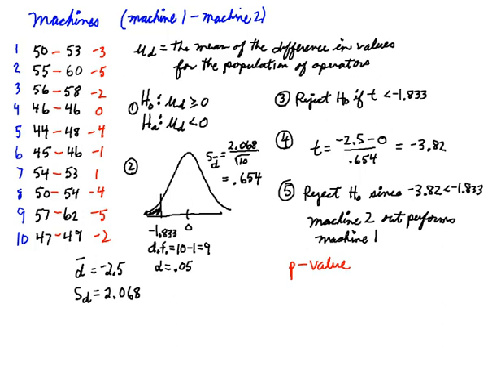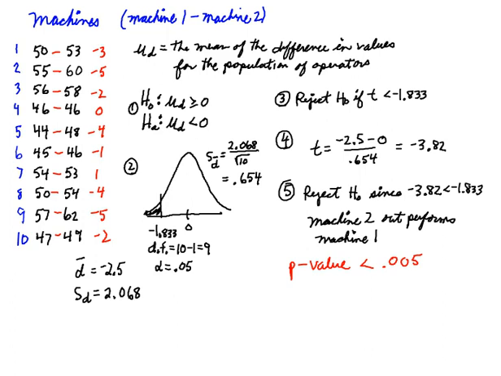In the row with 9 degrees of freedom, I can see that the 3.82 is beyond the last column, where it's 3.250. So the p-value has to be less than 0.005, and that's because 3.82 is greater than 3.25 in the row with 9 degrees of freedom.